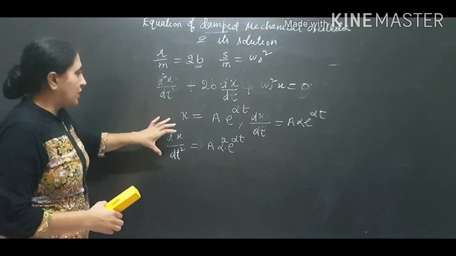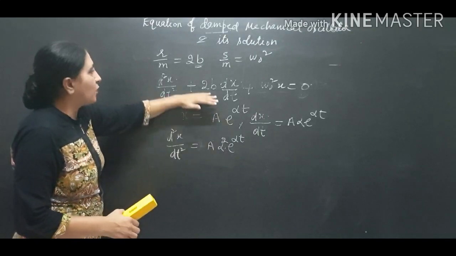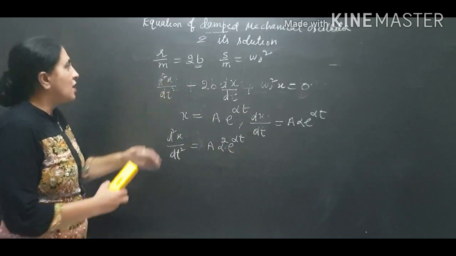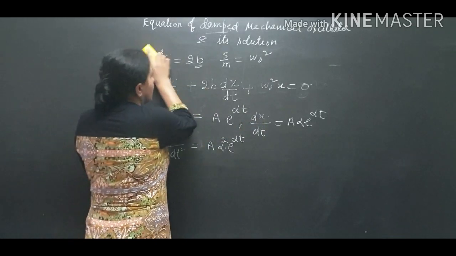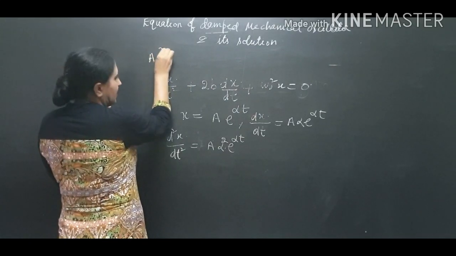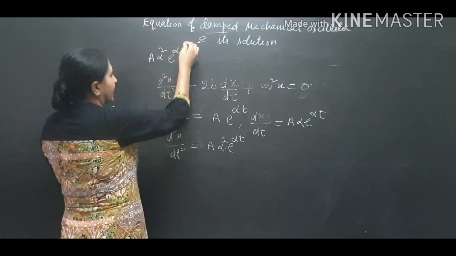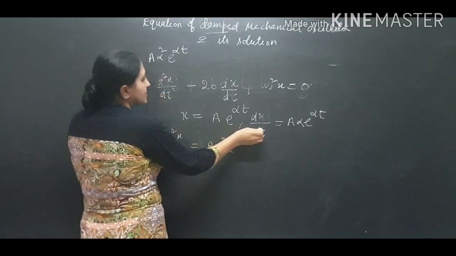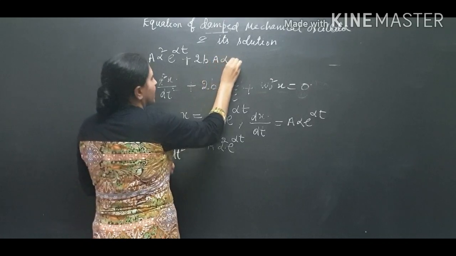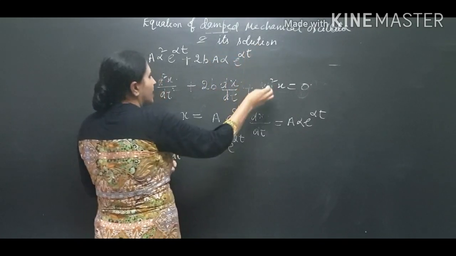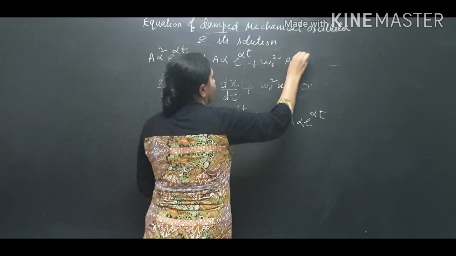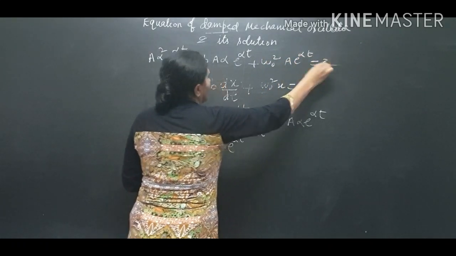Clear? So these are the values. Now you have to put these two values in this equation. When you put these values in this equation, what do you get? a alpha square e raised to power alpha t plus 2b a alpha e raised to power alpha t plus omega naught square a e raised to power alpha t, that is equal to 0.